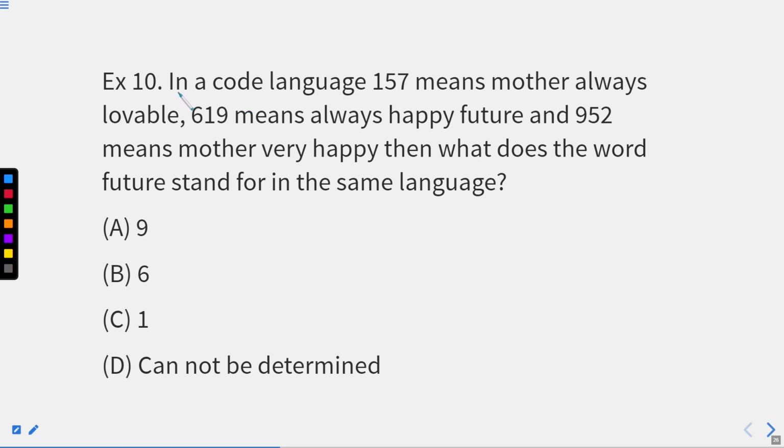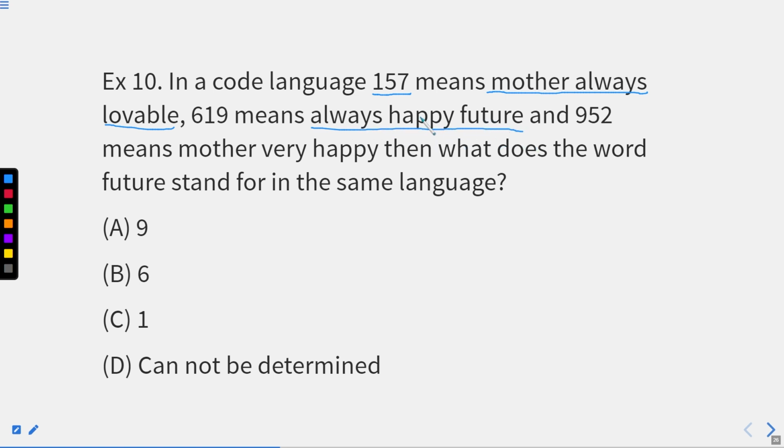Okay. So now question number 10 says, in a code language 157 means mother always lovable. Now you understand, we have three numerical digits and eventually we'll have three words. In the same manner, 619 means always happy future.